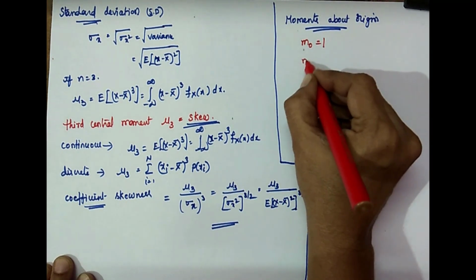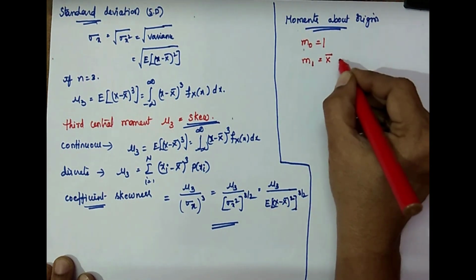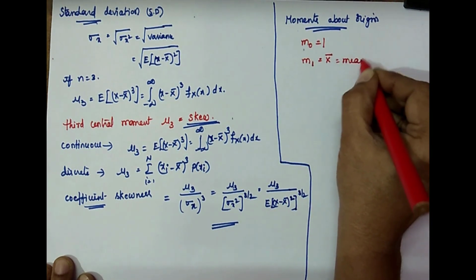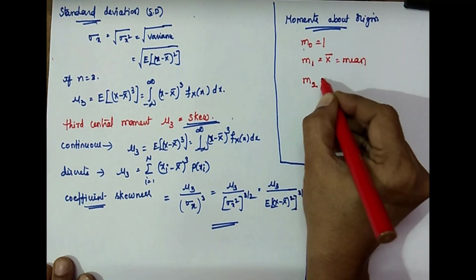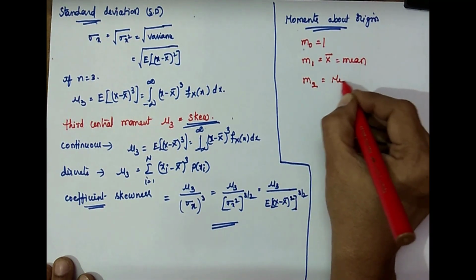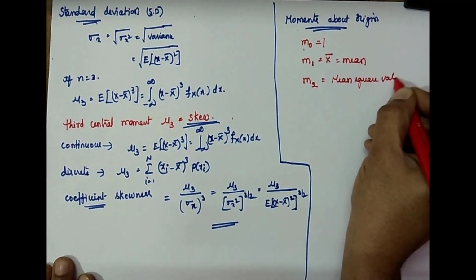The first moment m1 is x bar, which is nothing but the mean. The second moment m2 is nothing but the mean square value.